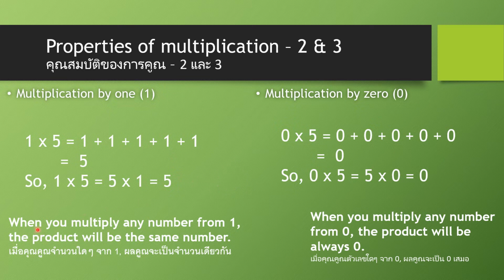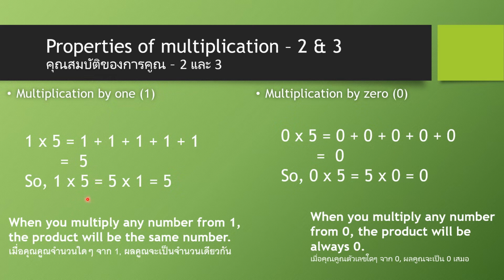So, when you multiply any number by 1, the answer will be the same number. Like here, 1 times 3 equals 3. 1 times 6 equals 6. 1 times 5 equals 5.